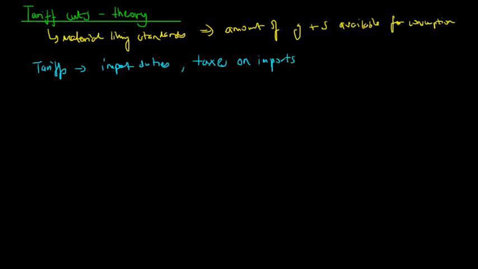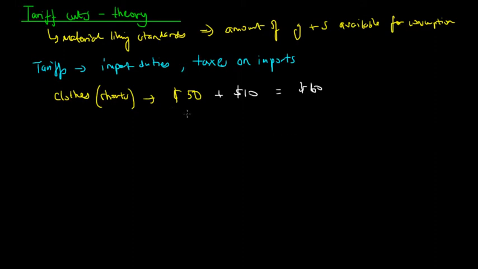To look at a numerical example, if a product, say clothes, say shorts, costs $50 as a very expensive pair of shorts overseas to make, and a tariff adds another $10 to it, this would mean domestic consumers would have to pay $60 for the import.